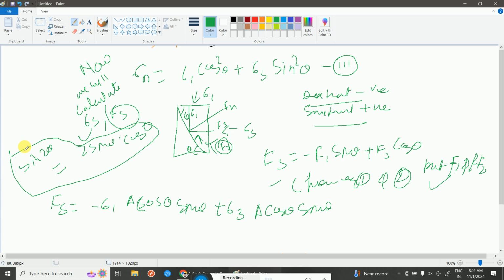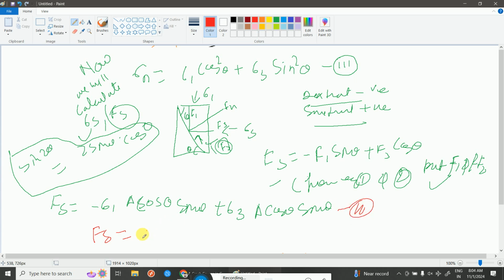Now come to this another point. If you know this formula, then take some different color, and this equation will become Fs, mark it 4.